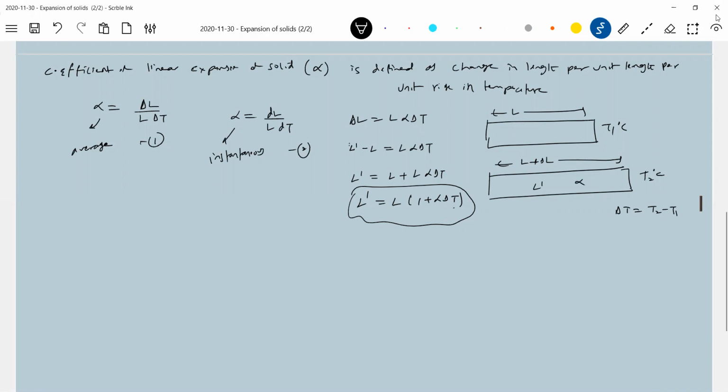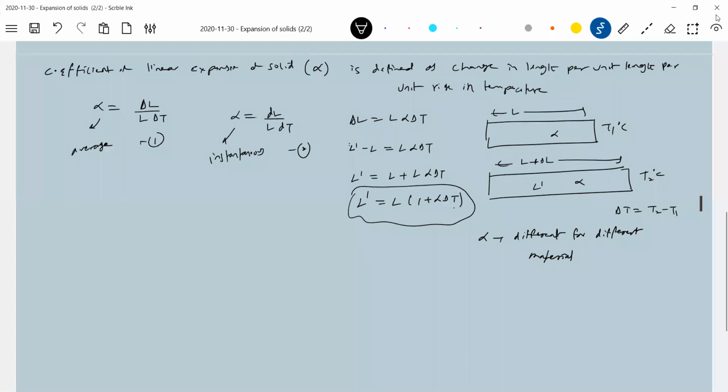So what is alpha? The coefficient of linear expansion will be different for different materials. Again, if alpha is more, what does it mean? The body is sensitive to variation in temperature. If alpha is more, then for a slight change in temperature there will be appreciable change in length of the body.